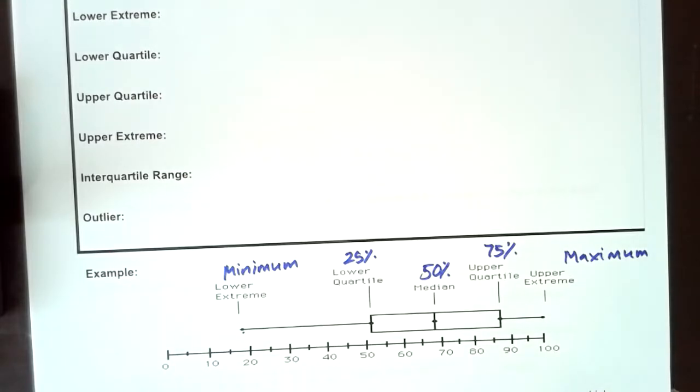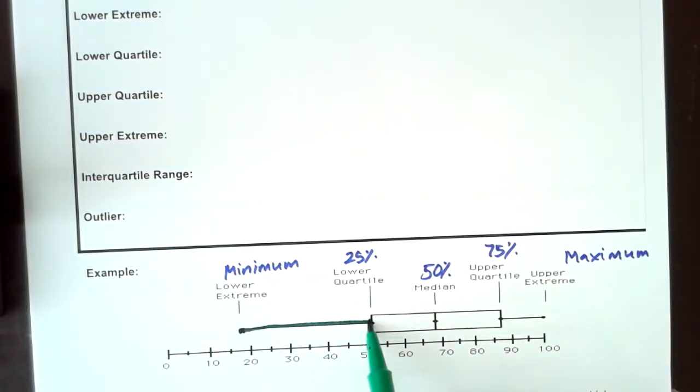Okay, so notice a couple things though. First, 25% of your data is from your lower extreme to your lower quartile. And did we notice, class, that this whisker, we call it a whisker, but this left whisker is much wider than this whisker over here.